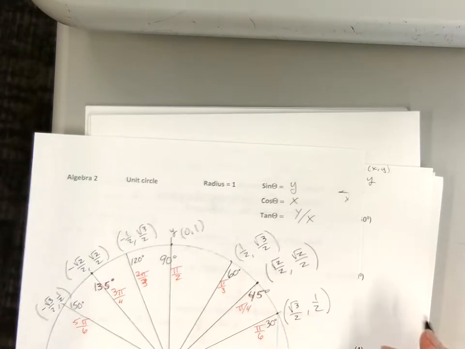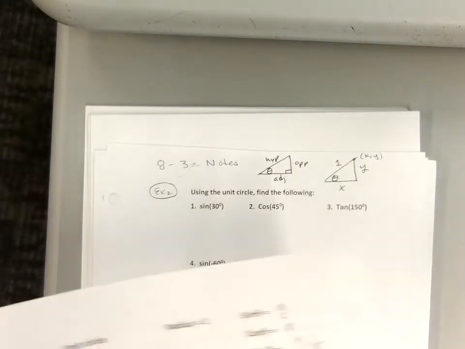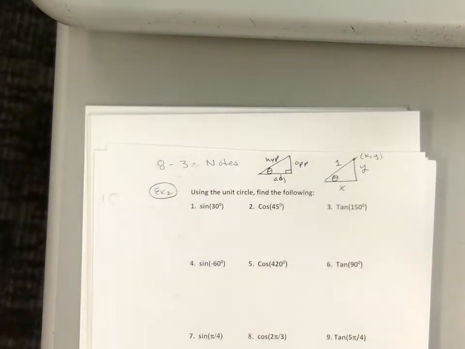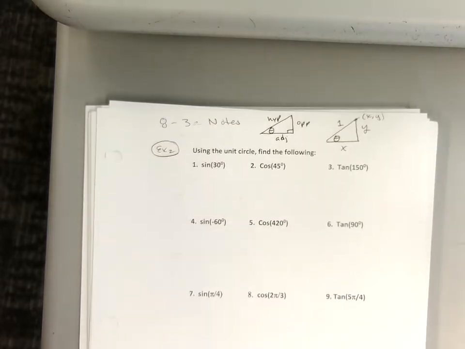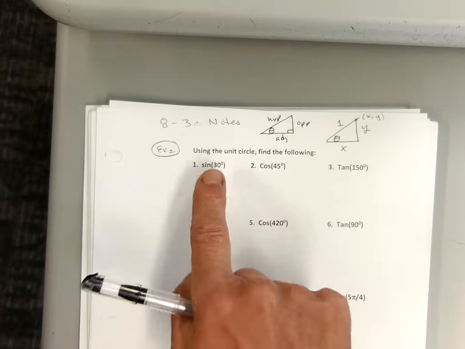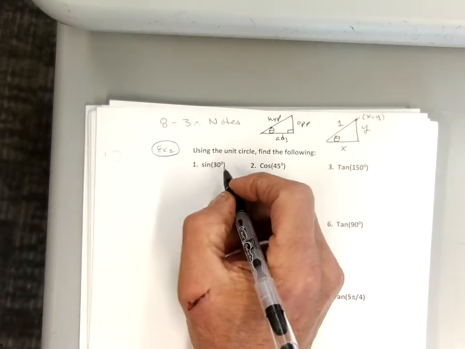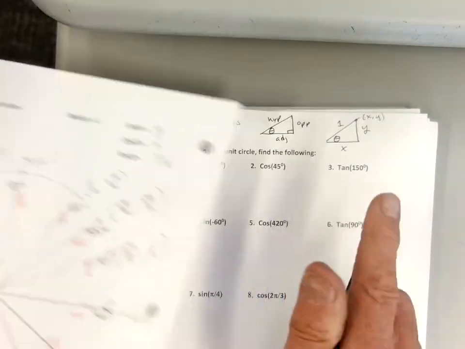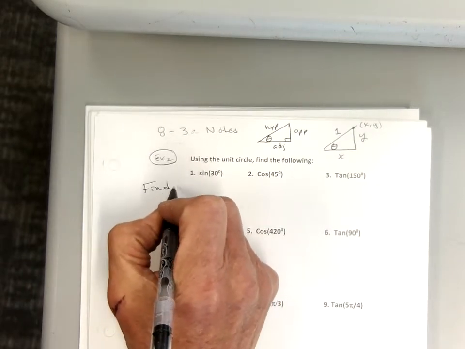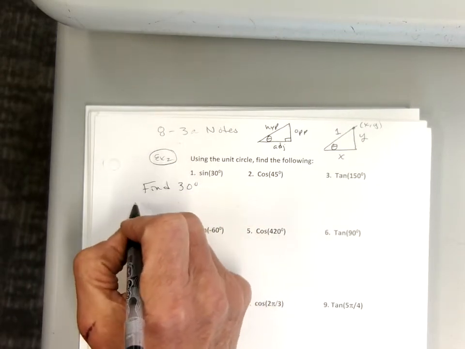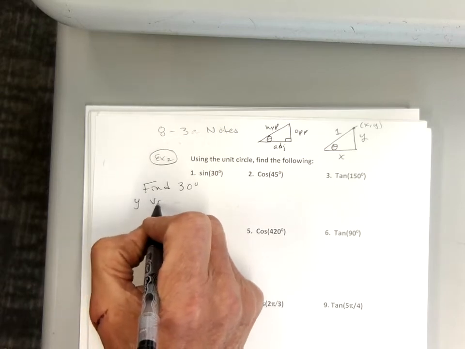Now, without a calculator, we're going to do this with the unit circle: the sine of 30. Sine is the y value, so we find 30 degrees and get the y value.